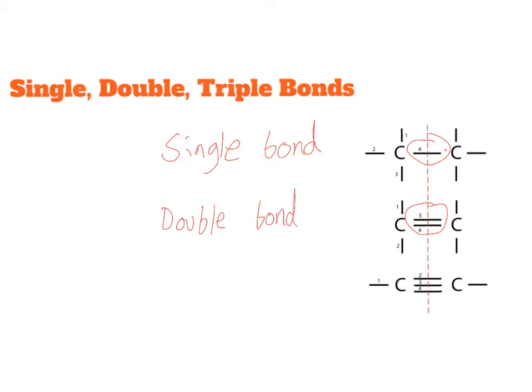So these 2 carbons are bonding to each other twice, and then you can even have a triple bond where they're bonding to each other 3 times. And notice in all of these molecules, the carbon is still making 4 total bonds. It's just bonding more times with one thing in the triple bond or the double bond.